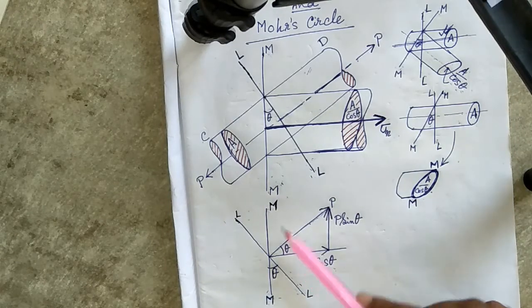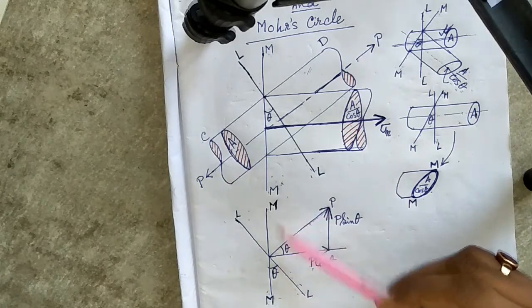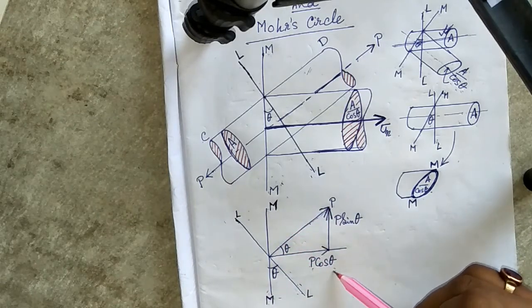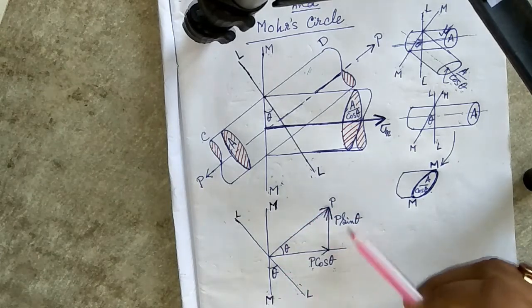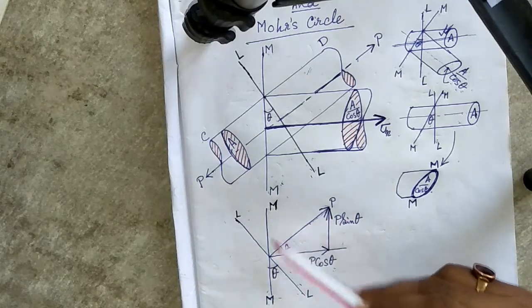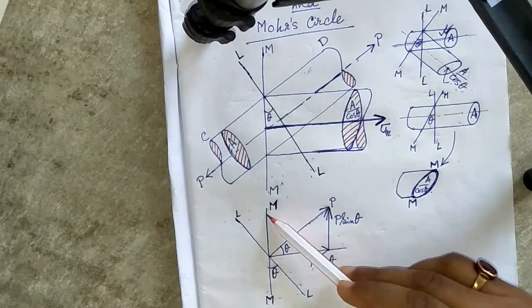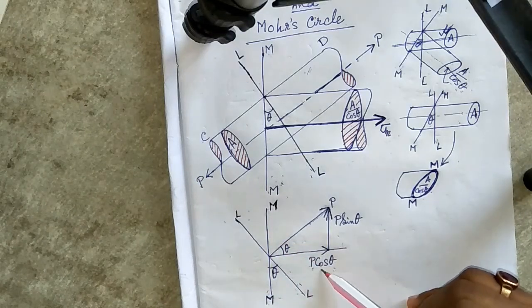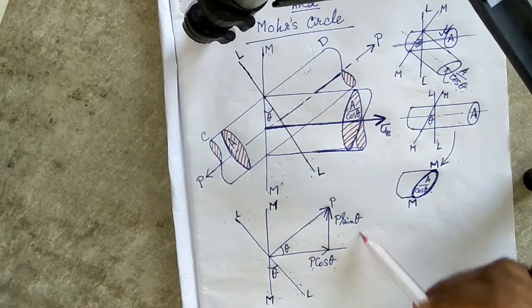The force perpendicular to the MM cross section is P cos theta, according to this diagram. This is basic trigonometry, and the force parallel to this cross sectional area is P sin theta.